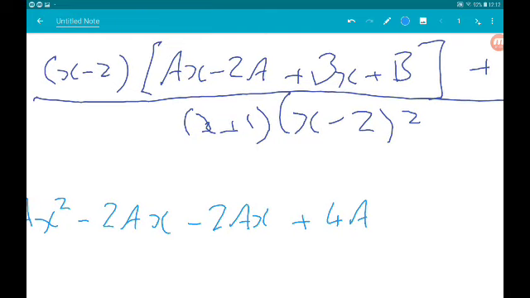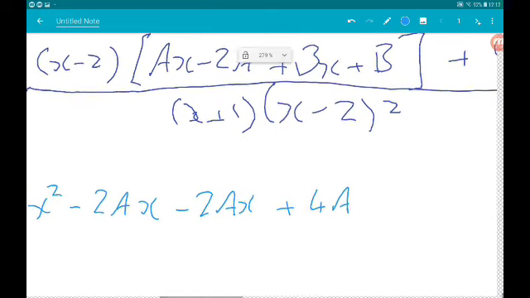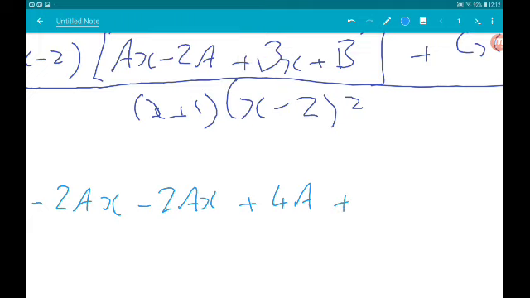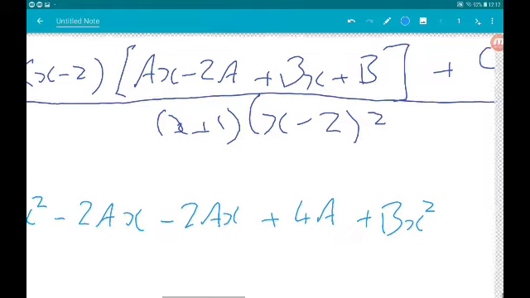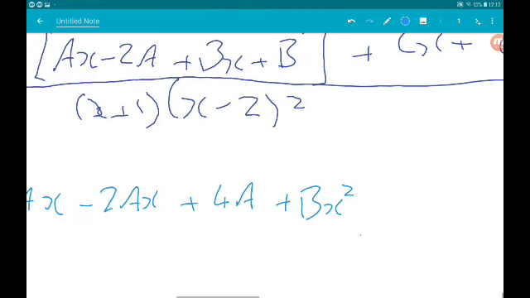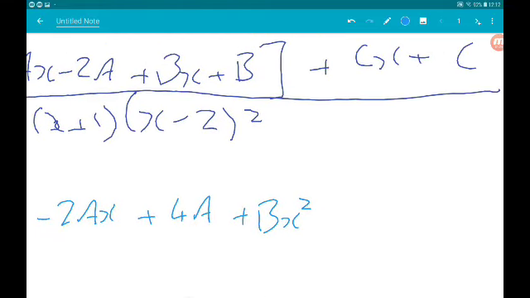X times Bx is going to give us Bx squared. Minus 2 times Bx is going to give us minus 2Bx.